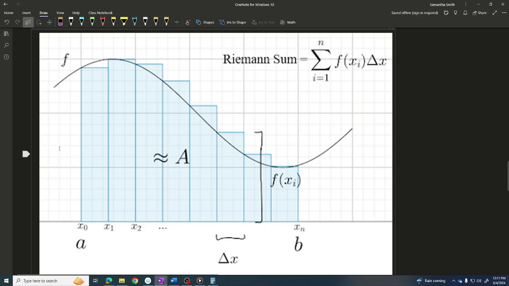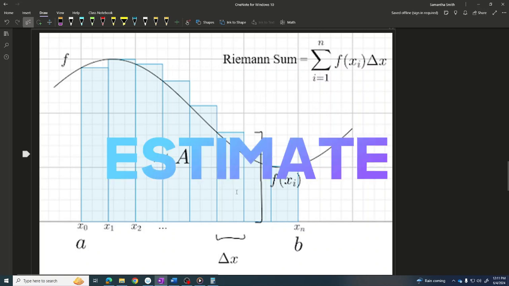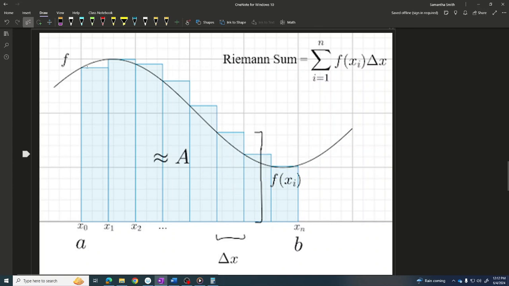And if I add together all of those areas, the total area of all these rectangles that are sort of attached to the graph of f of x, notice that that total area is at least a decent approximation, a decent estimate for the area underneath the graph of the function.